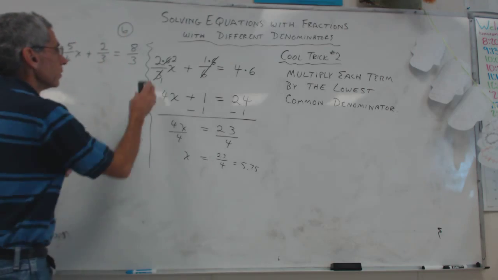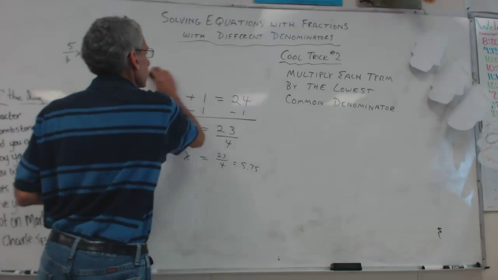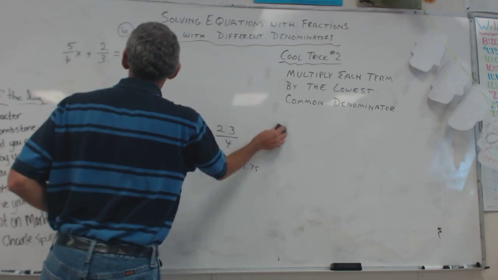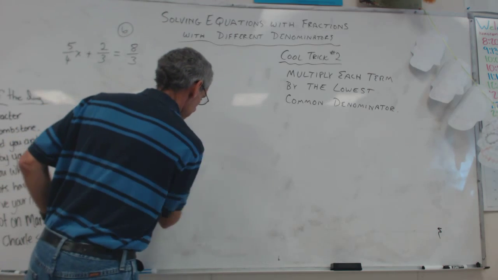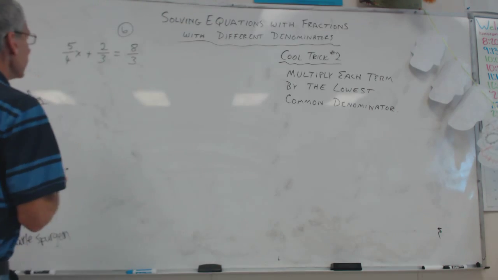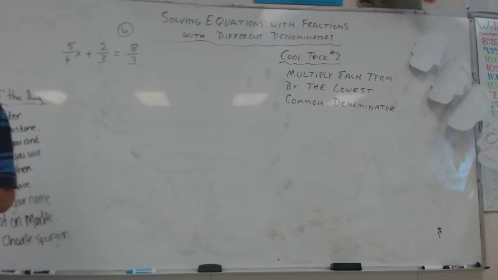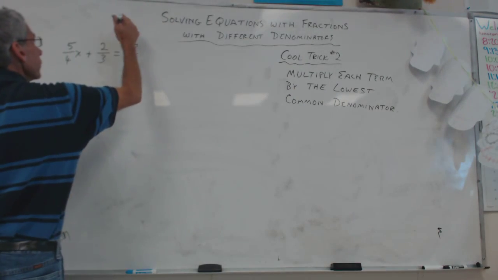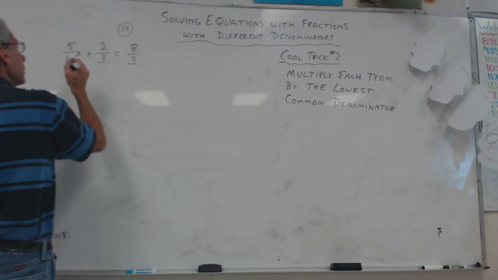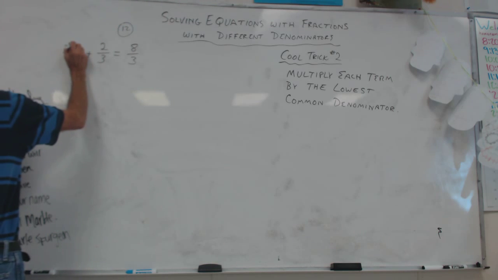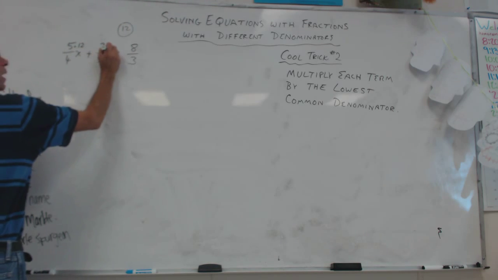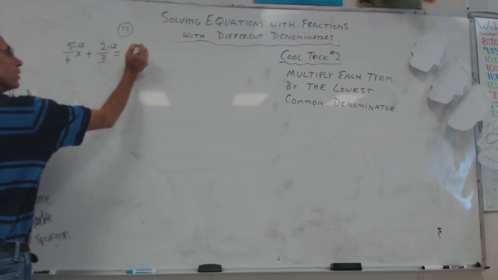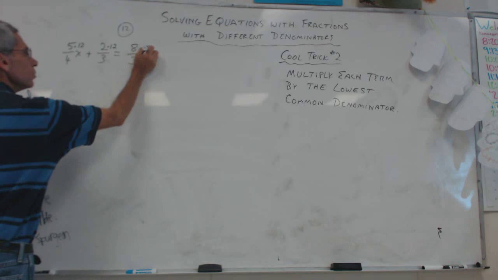Okay? All right, so if I have that, what would be my lowest common denominator? 12. So now it's 12. I'll put this up here to remind you. So I'm going to do times 12, always in the numerator. Times 12, always in the numerator.